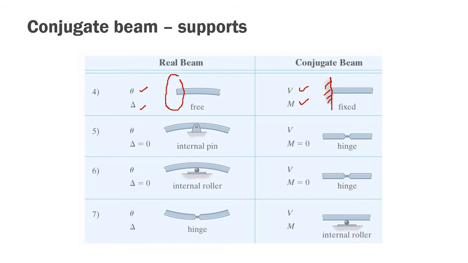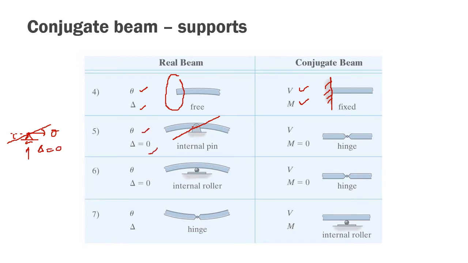Similarly, if you have an internal pin, you know that the slope is not going to be equal to 0. You can have different values for slope for an internal pin. So if this is your pin and this is your beam, you can have slope. It's just that the deflection cannot go up and down at this point, so your deflection is going to be equal to 0.